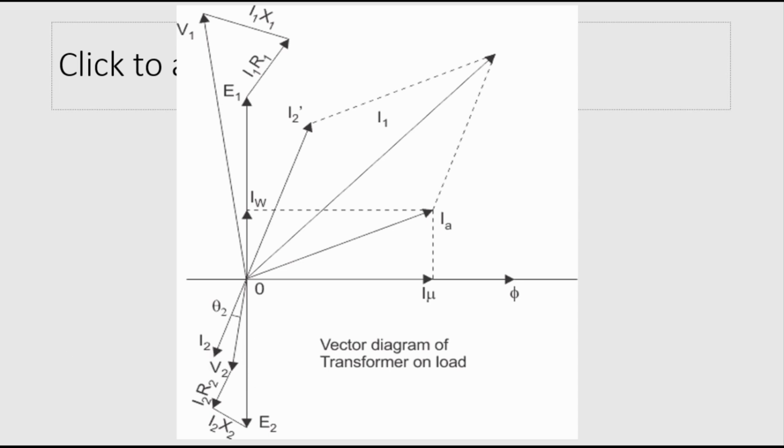Based on that we have this vector diagram. Later we can discuss this vector diagram in detail, but here I am trying to give you a brief idea of this machine. So we are trying to get a brief idea about the transformer.